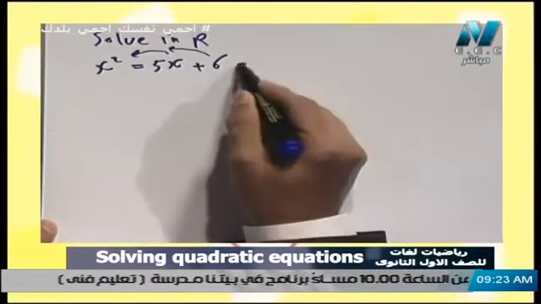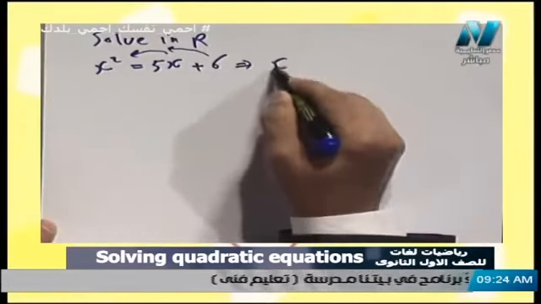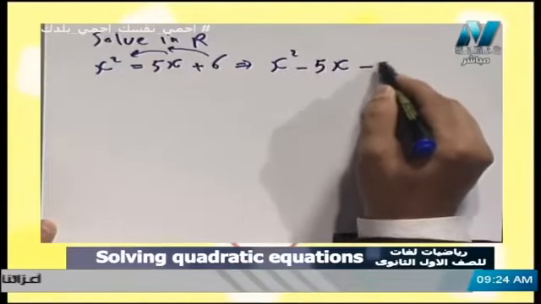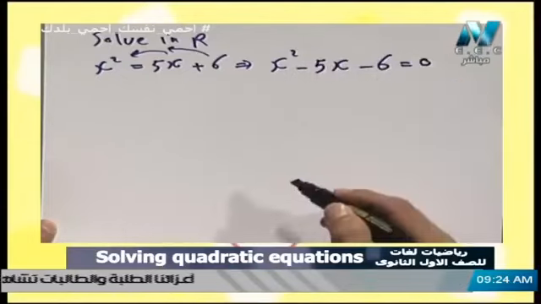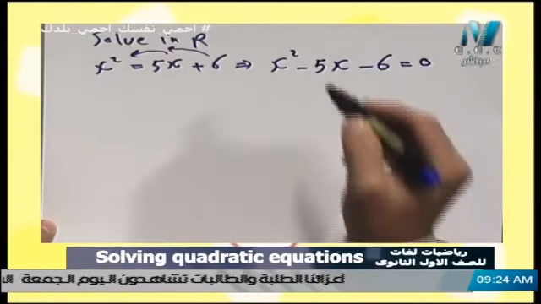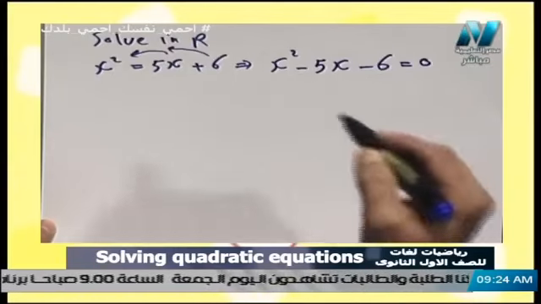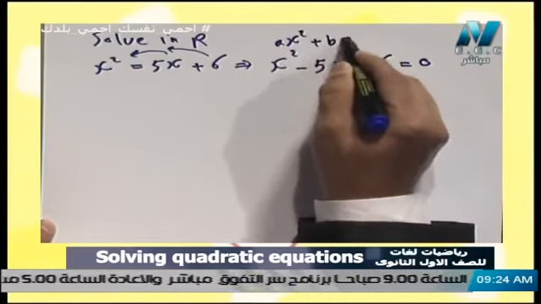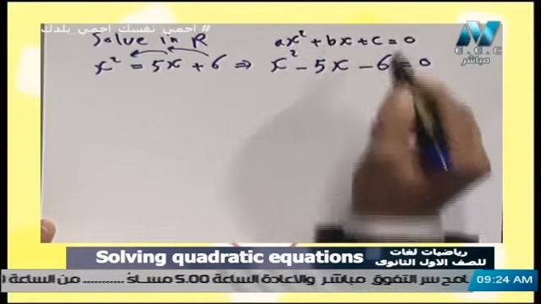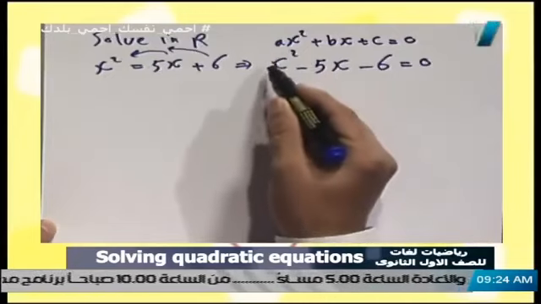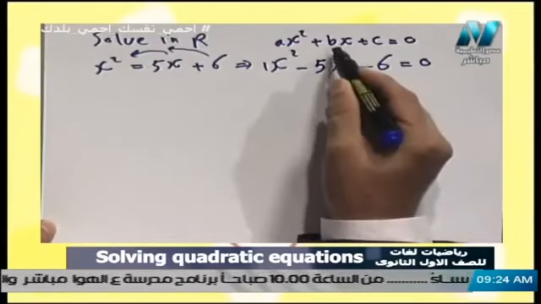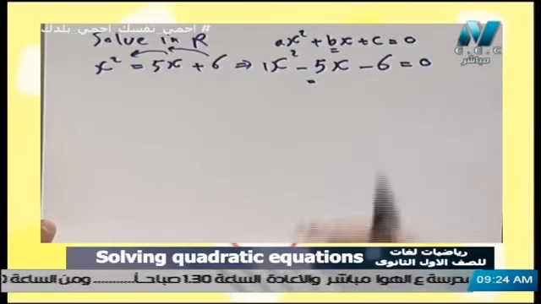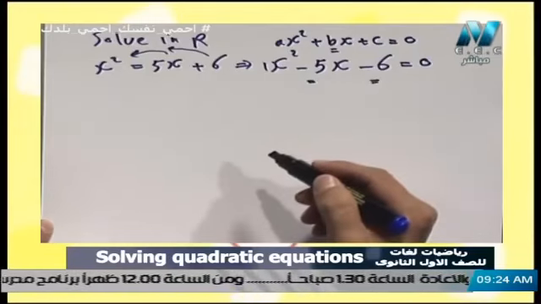So we can write it in the form x power 2 minus 5x minus 6 equals 0. We have this equation in the form ax power 2 plus bx plus c equals 0. So a equals 1, b equals negative 5, and c equals negative 6.